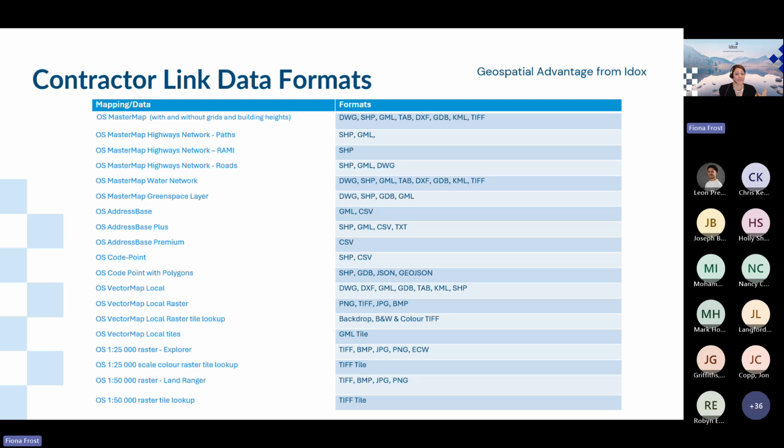And the data that we have in Contractor Link is made up of the most popular OS data sets. There are 19 available in the Contractor Link MapShop application. And as you'll see in this table, we've reprocessed these into all the same formats in our commercial map shop.